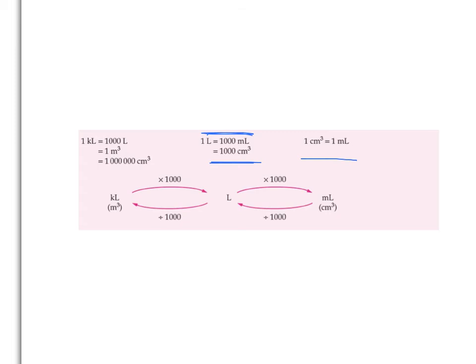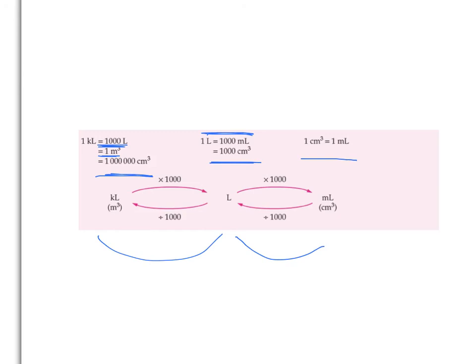So 1 kiloliter is 1,000 liters, which is equal to 1 cubed meter, which is equal to 1,000,000 square centimeters. This one I've also printed for you, so come and get them both from me and put them in your book. And also write this one down. You're going to be using it quite a lot to make sure you're converting correctly. You don't want your answer to be in the wrong spot.